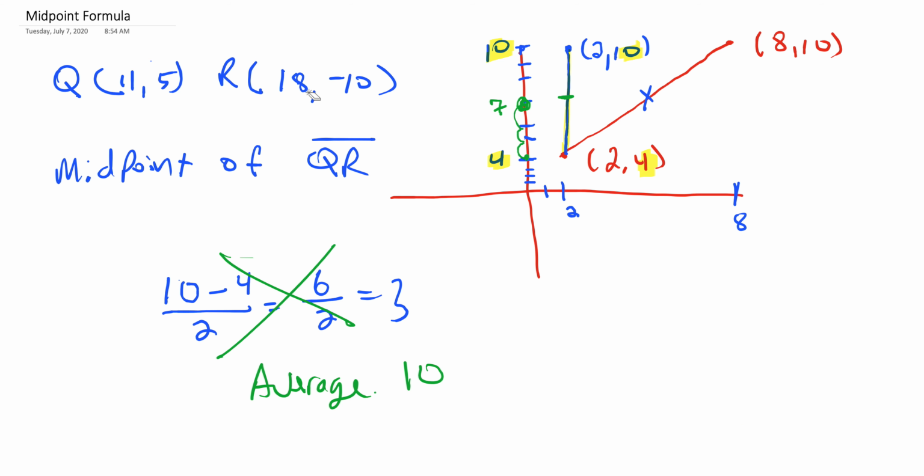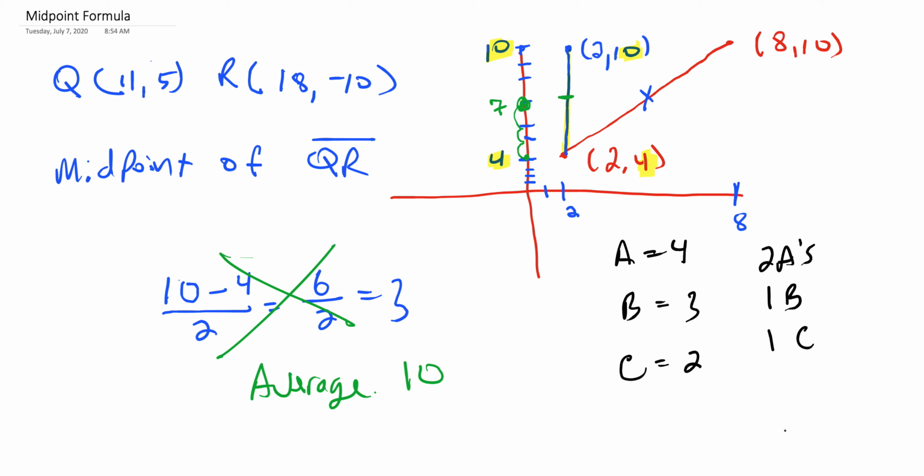In terms of grades, that's a way better example. Let's say you have A's, B's and C's. A is worth 4 points, B is worth 3 points, and C is worth 2 points. Let's say you got 2 A's, 1 B, and 1 C. What's your GPA, your grade point average? How do you work that out?